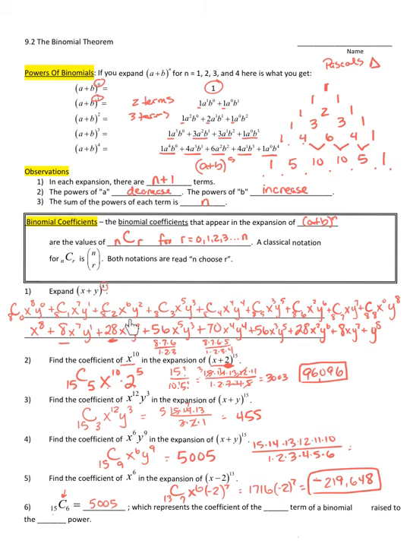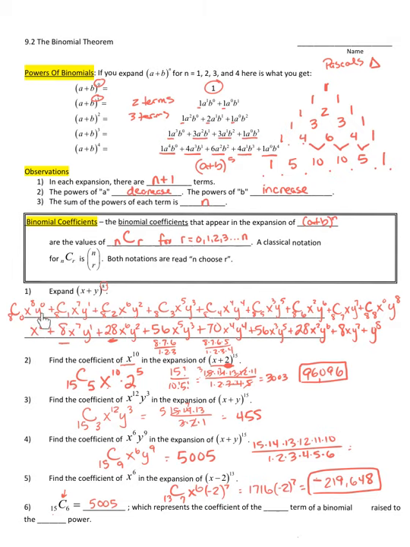So in this problem, when we had the combination of, let's say, 8 things taken 3 at a time, which term was that? Well, you know that the first one is a combination of 8 things 0 at a time. The second one, 8 things 1 at a time. And we go all the way down through here.